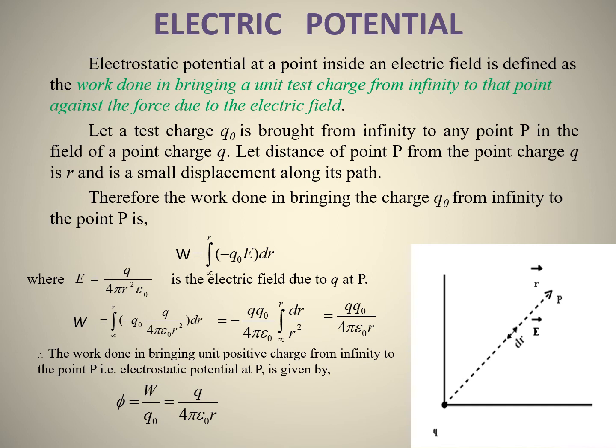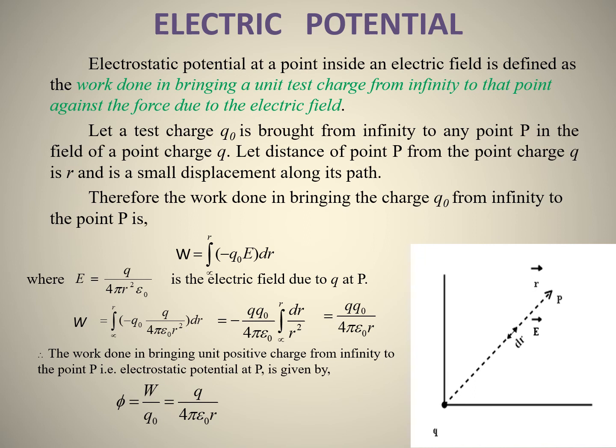Then the work done in bringing the charge Q0 from infinity to the point P is mathematically given by W is equal to integration infinity to small r minus Q0 into E into dr. Here the minus sign occurs because the direction of electric field and the direction of displacement are opposite to each other.